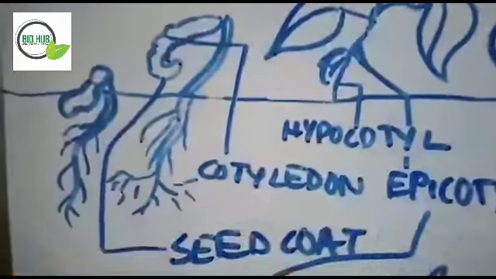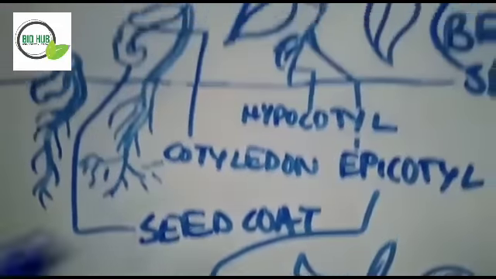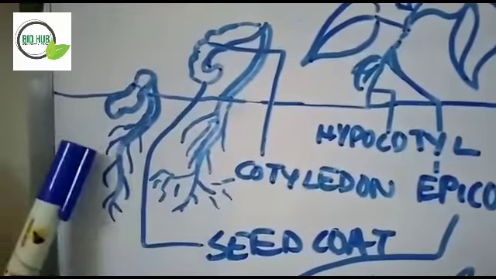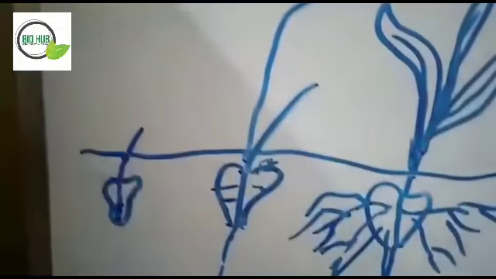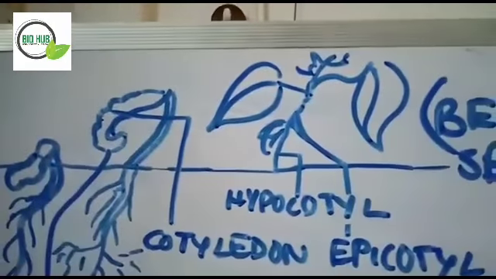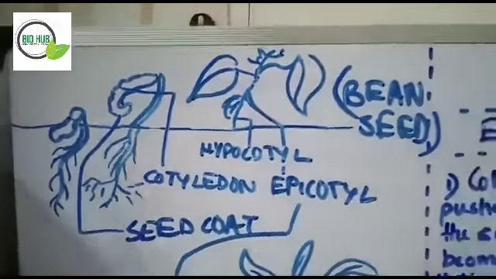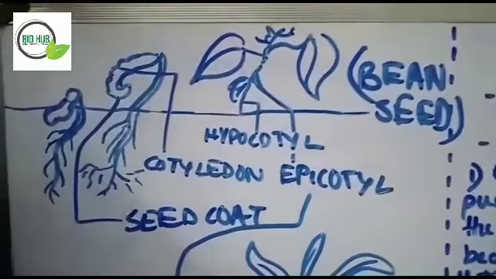Now let's see the diagram which I have drawn on my board. If you see this diagram minutely, this is for epigeal germination and this is for hypogeal germination. This one is for the bean seed which is in your syllabus.